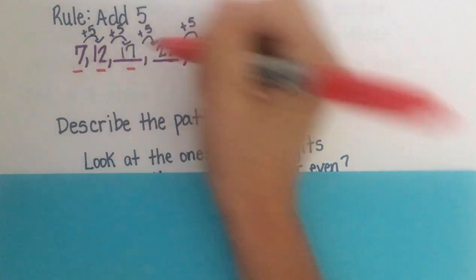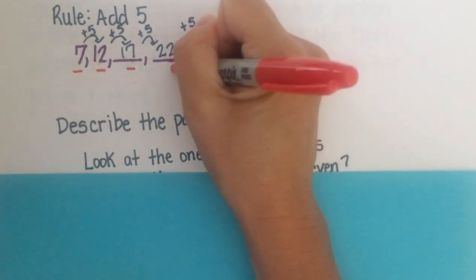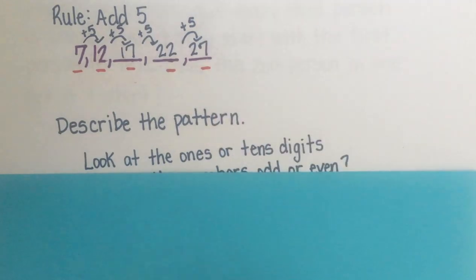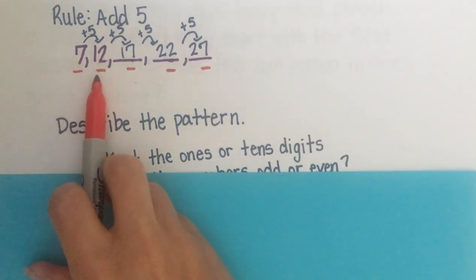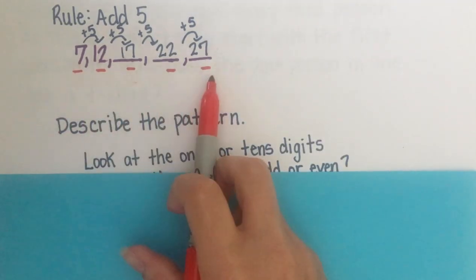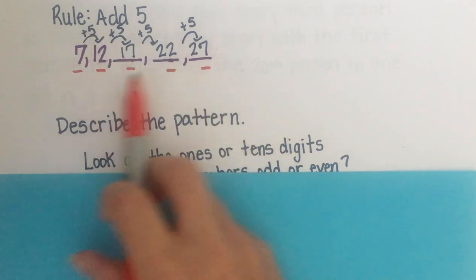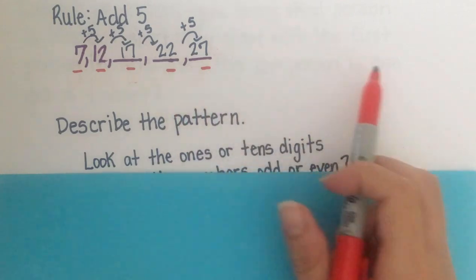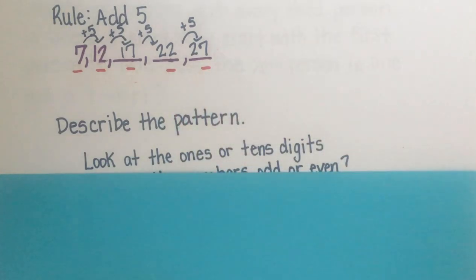And the number 17, the number 7 is in the ones place. 22, the 2 is in the ones place here. So let's look, I have 7, 2, 7, 2, 7. So each time the number in the ones place alternates between 2 and 7. So that's one way I could describe the pattern.